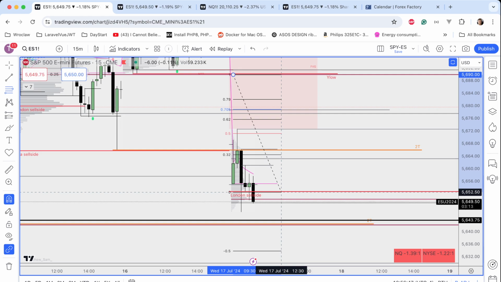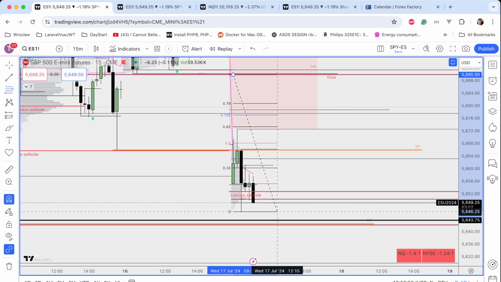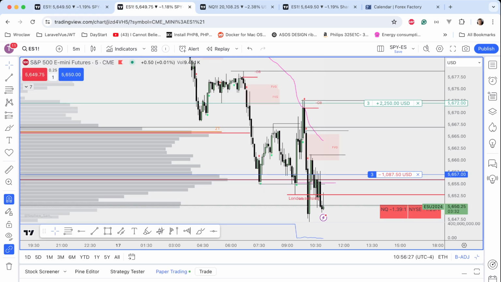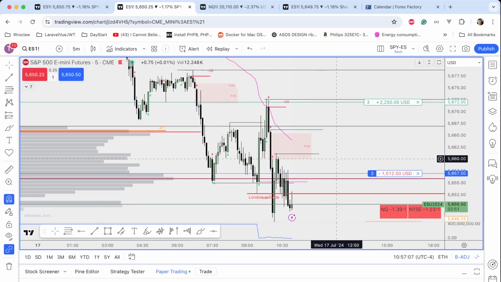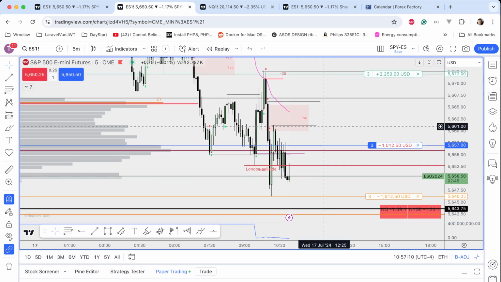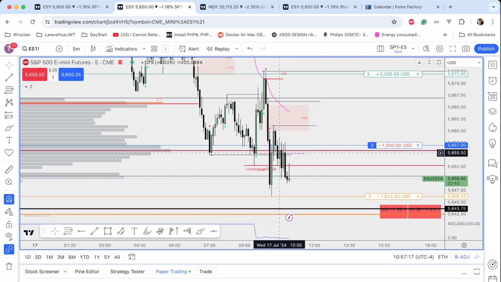So yeah, 50% is also a mark. Yeah, I think this is the end. You can't be right all the time. It might just drop and come back up here.